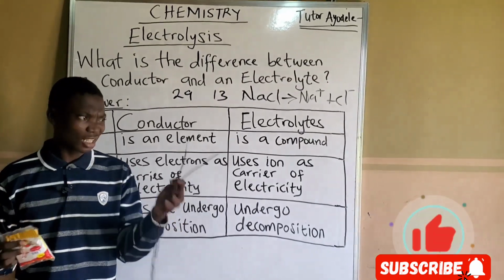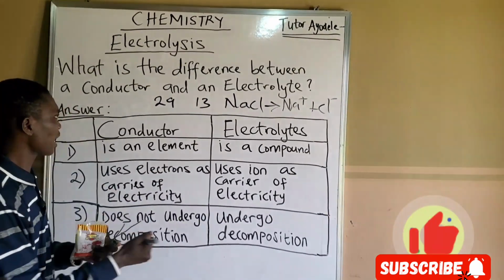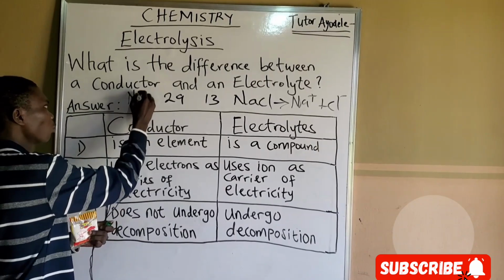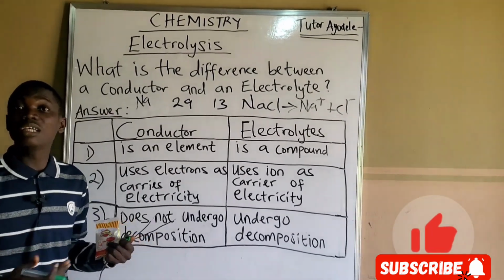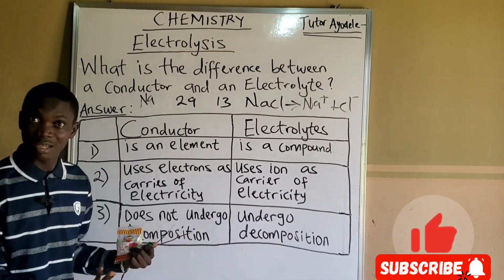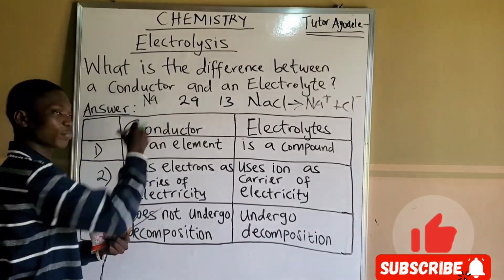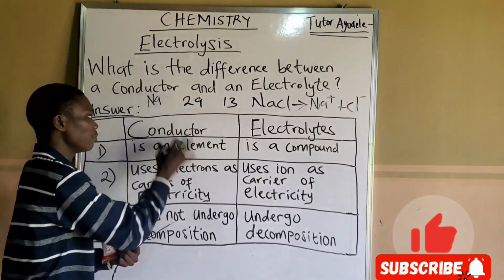Can you split copper? Copper is an element, just like me giving you sodium. What do you want to split here? Nothing to split, because it is an element. You can't decompose sodium. So you can't split elements.